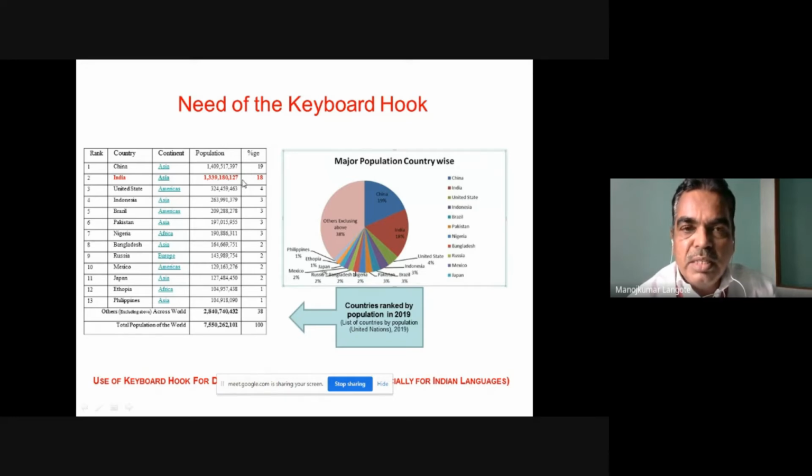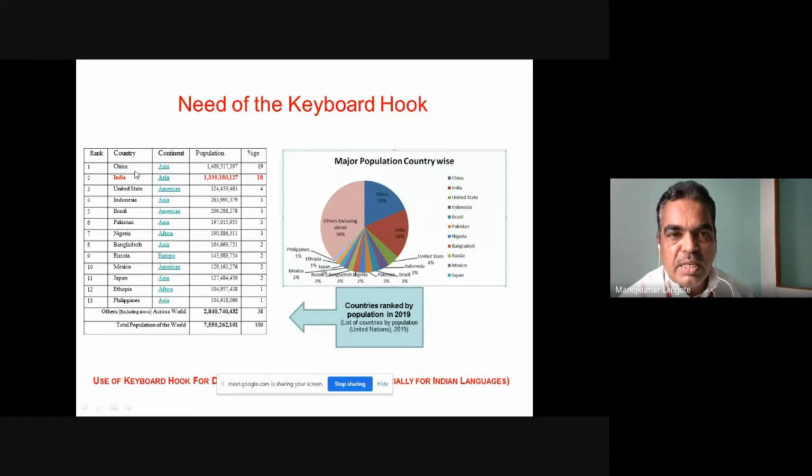Then India is the second largest country, near about 130 crore population. The United States is having 4%, then 3%, and so on. I just want to show in this analysis that India is the second largest country, which is having different languages due to different cultures from Kashmir to Kanyakumari. Okay, so this is the second largest country.